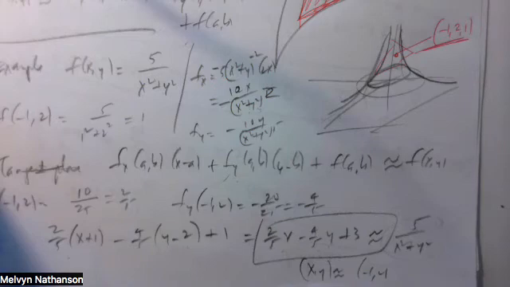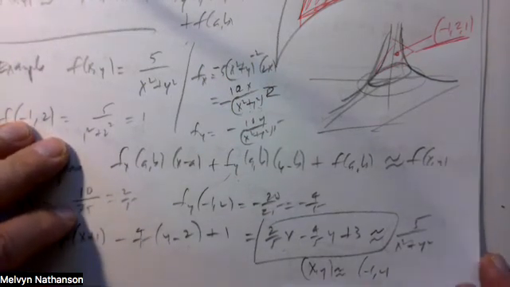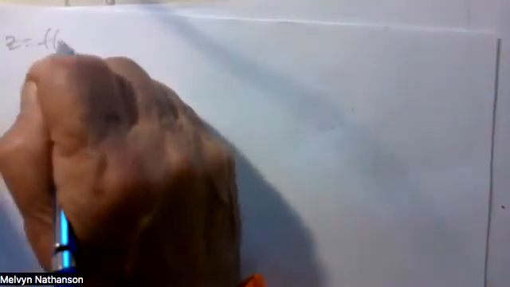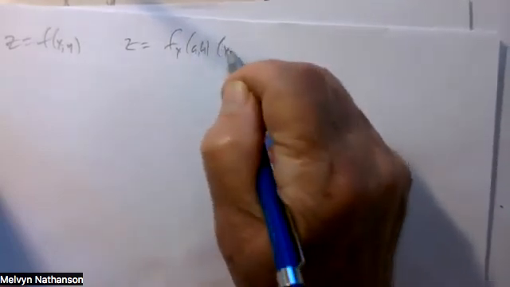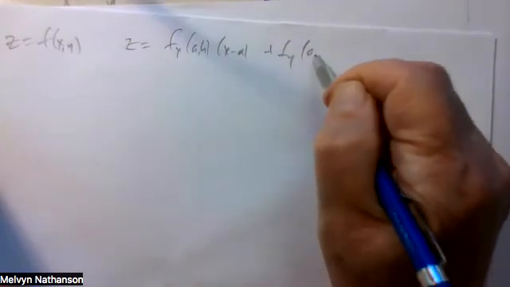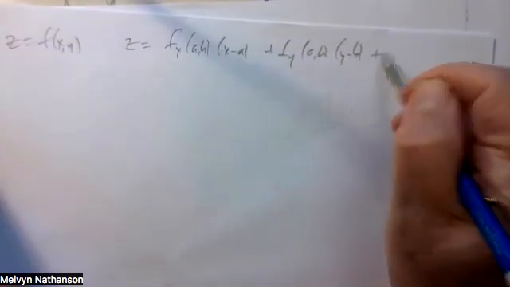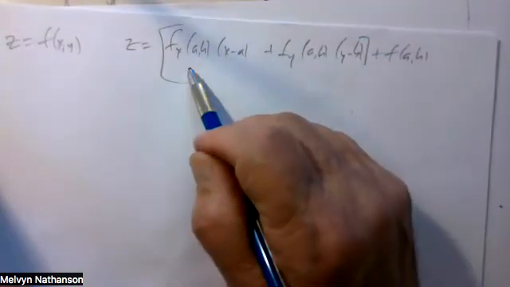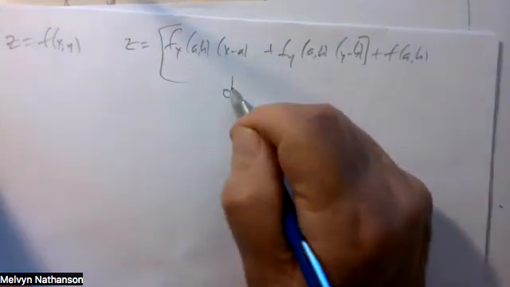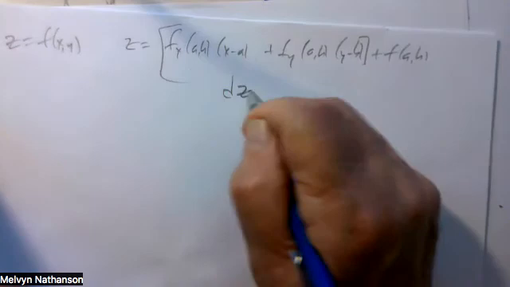There is a kind of shorthand notation for part of this, which is the following. If we have z equal f of x, y, then the tangent plane is given by z equals f sub x at A, B times x minus a, plus f sub y at A, B times y minus b, plus f of A, B. This expression is sometimes called dz.